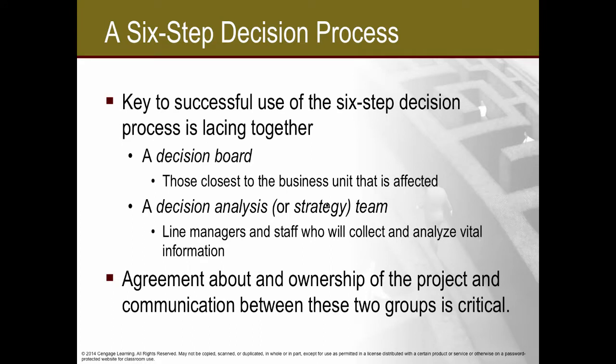Agreements about and ownership of the project and communication between these two groups are really crucial. So basically, they have to come up with agreements. If the analysis team says something and the manager has a completely different agenda, it's not going to work.